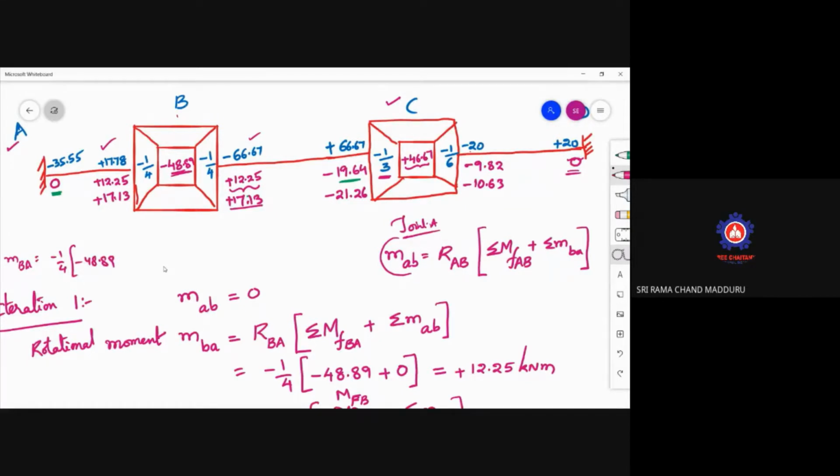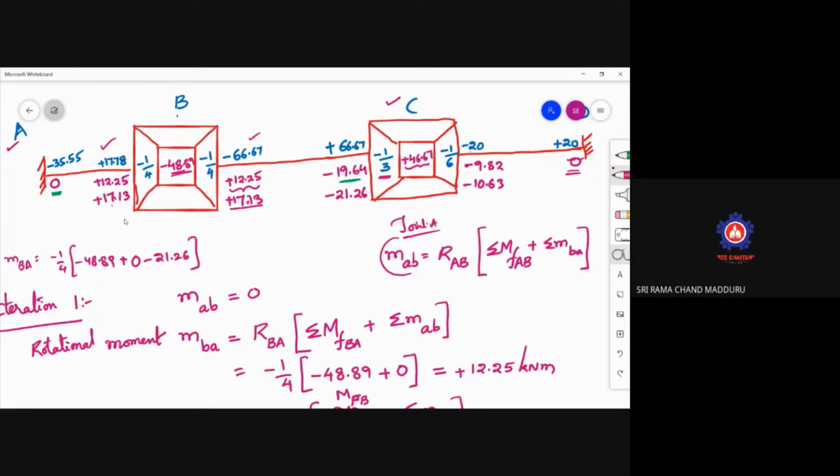Now plus, at this point, what are the far ends? Don't say this is the far end. No, for B, for this entire portion B, the far ends are A as well as C. So the far end is 0 minus 21.26.